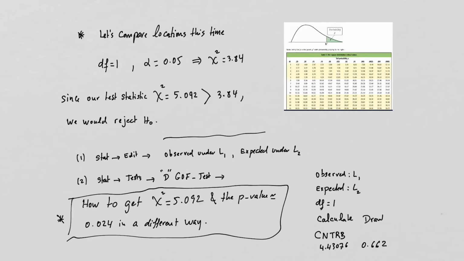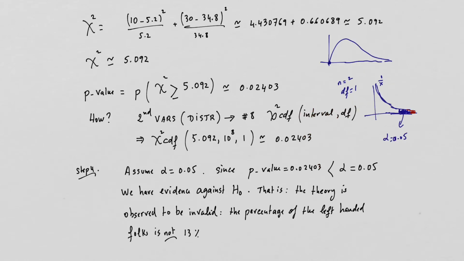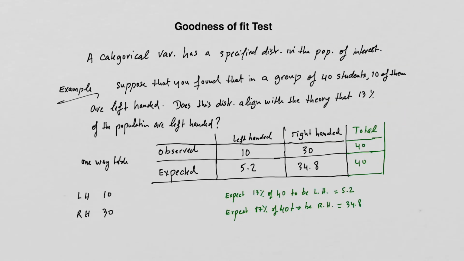So here is how you do it. You go to stat edit. Under L1, you basically write your observed values. I think we have 10 and 30. Under L2, you write the expected values, whatever we got: 5.2 and 34.8.